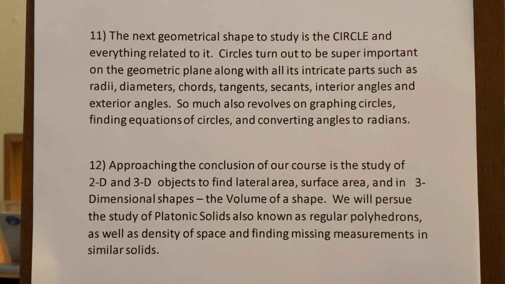Then we're going to have, finally, the 2D, 3D comparison of shapes so that we can identify two-dimensional shapes and identify the names of three-dimensional shapes. And then we're going to find the area, lateral area, which means just the sides, and then surface area, which means every part of the shape, and volume of the different shapes that are only three-dimensional.